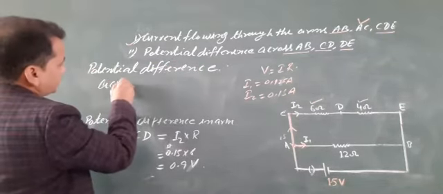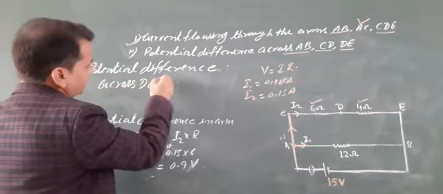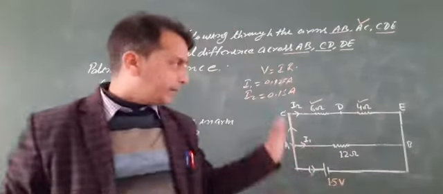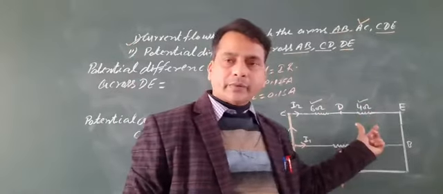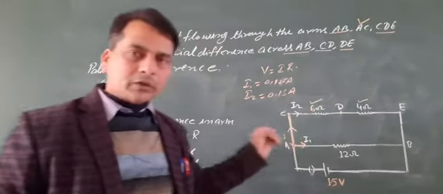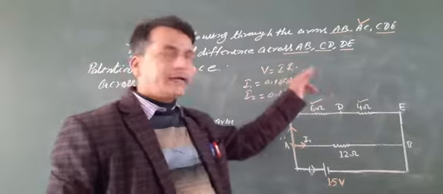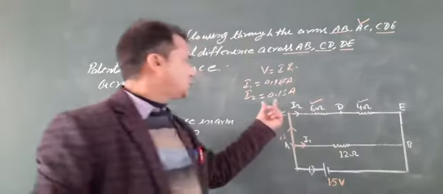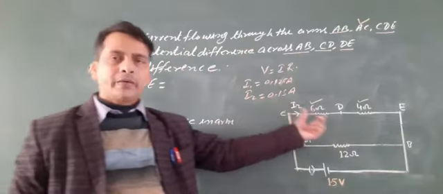In this arm DE, a 4 ohm resistor is used, so the potential difference V equals I into R, and the electric current in this arm is 0.15 ampere.